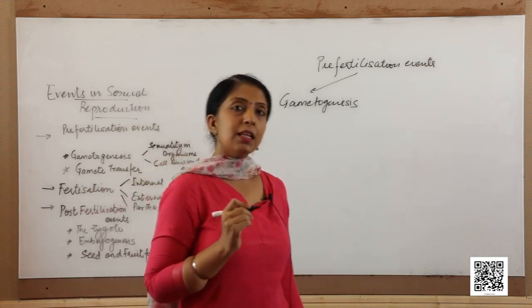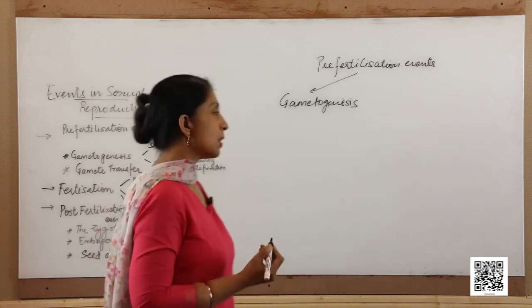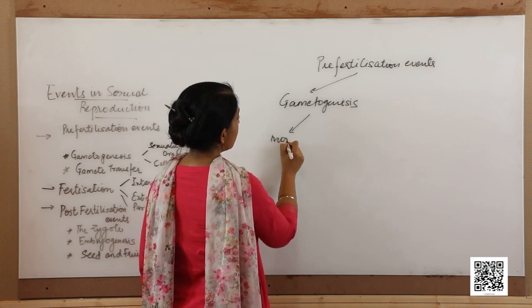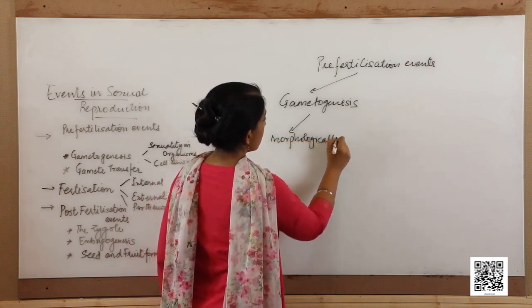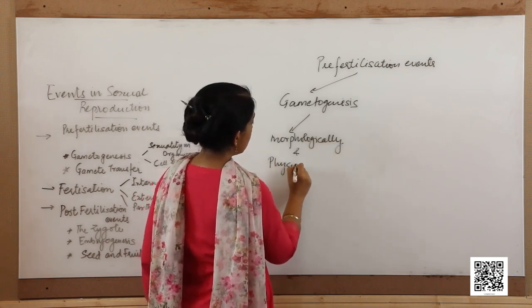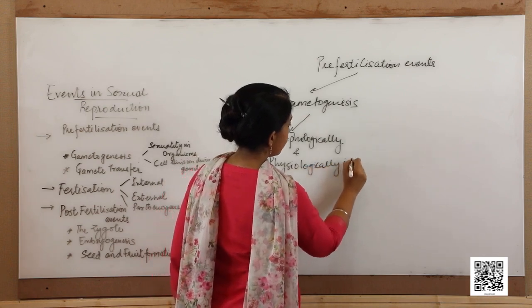Now, the gametes that are formed in lower organisms are usually morphologically and also physiologically identical.